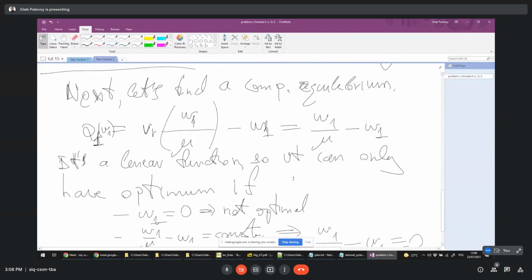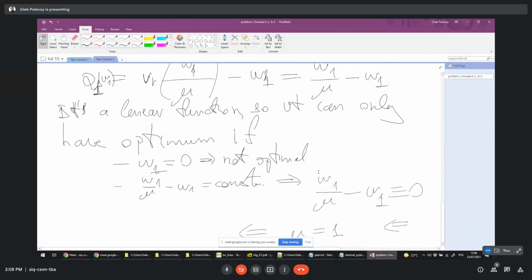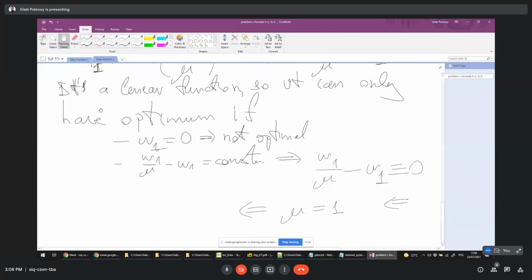So the price can be 1 only. Well, just see, because in reality the price is dependent on those. We don't look at this when we look for competitive equilibrium, but it is in reality dependent. So the price has to be 1, and that means I'm looking for this too.